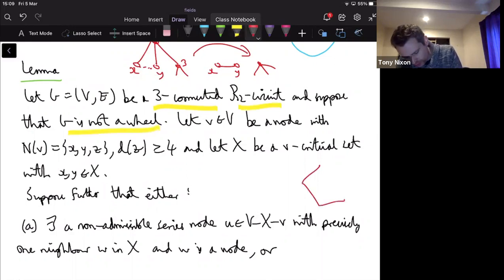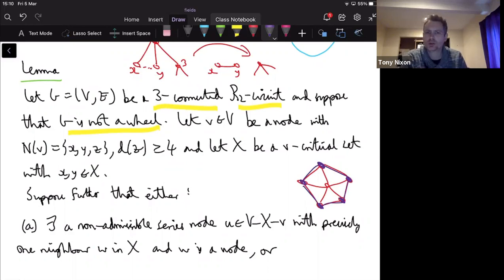So in case you don't remember, wheels had this special property where you look at all the nodes in the graph. So here it's those 5, but the subgraph induced by the nodes is a cycle. Whereas we showed last time that if you're not a wheel, then the subgraph induced by the nodes is a forest.